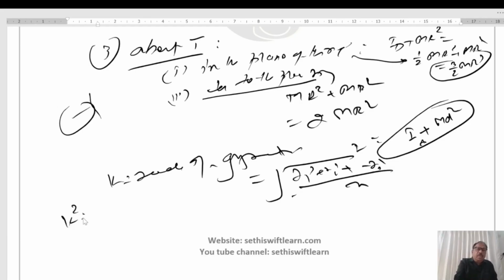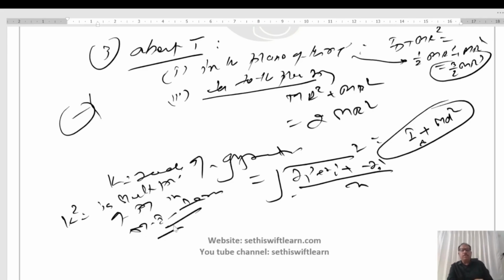And K square is the multiplier of m in the moment of inertia term. In the moment of inertia term, K is the radius of gyration.